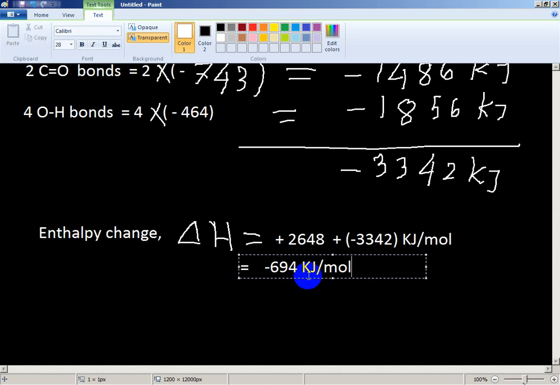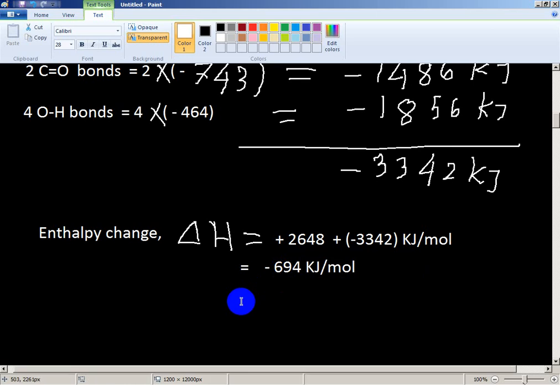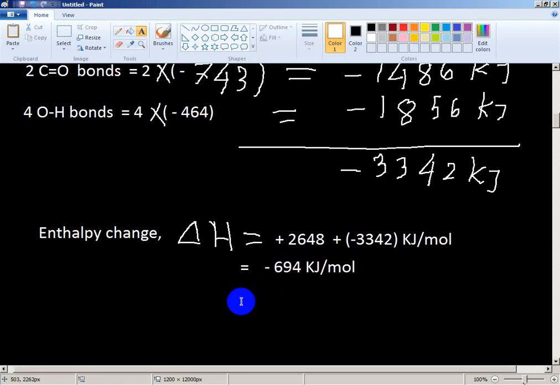So we have found the energy delta H, enthalpy change. Enthalpy change is negative. This is the negative value. So what type of reaction is it, endothermic or exothermic?